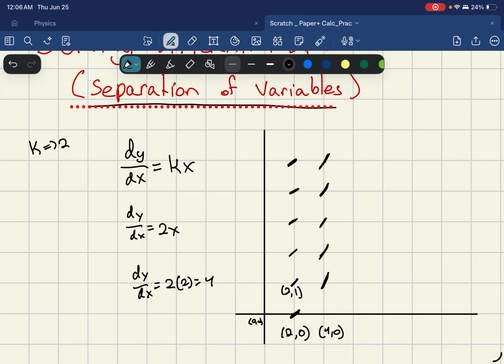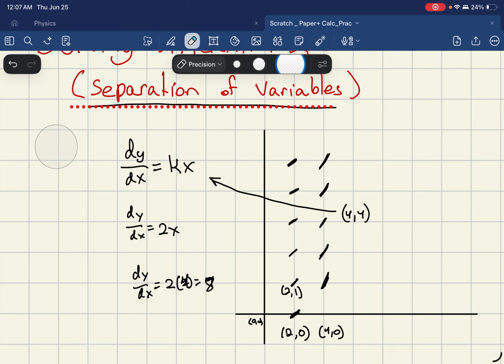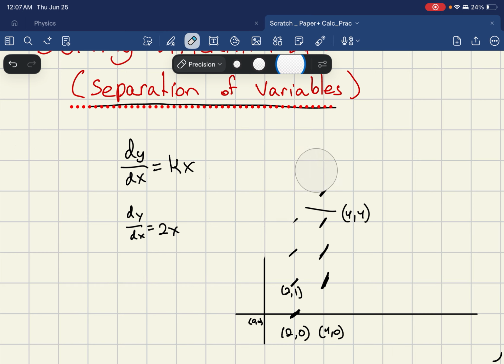I could have x of 4, and if I plug in all those numbers to my derivative, this is 4, so then this would be 8. I would still get 8. A much steeper slope. So how do we solve for a differential like this? Well, that's a pretty good question. I'm here to solve for you guys.